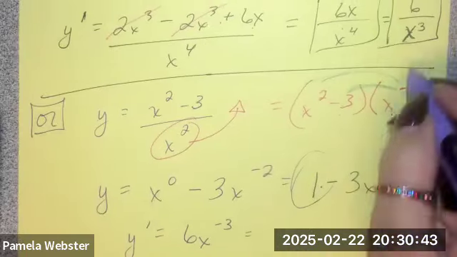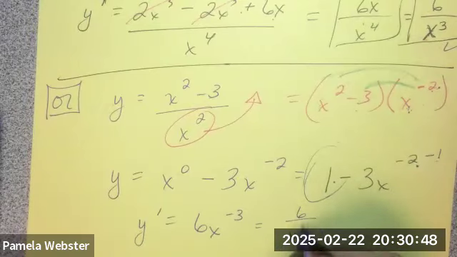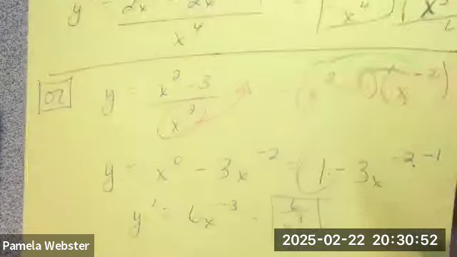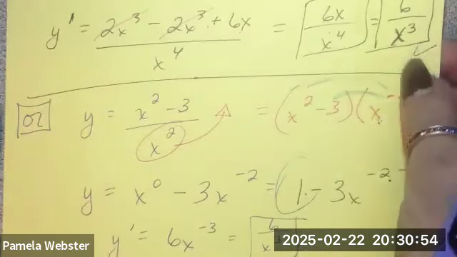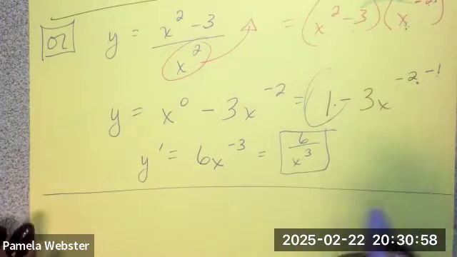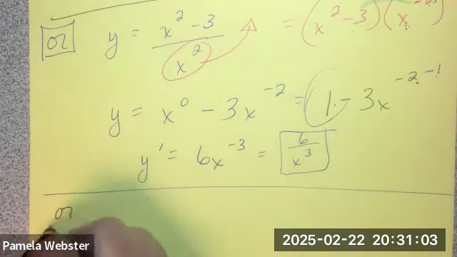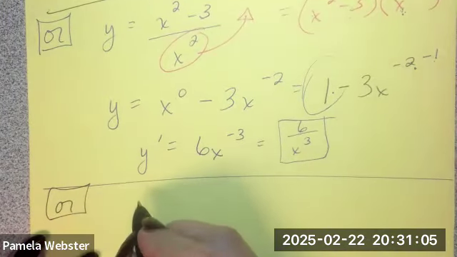And so these are the same now, right? I just need to rearrange that. When I move the x cubed to the bottom again, it loses its negative sign. So that 6 over x to the third, 6 over the x to the third, those are the same, okay? Or, so we're doing great, okay?